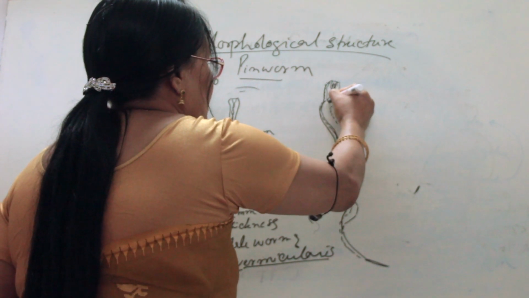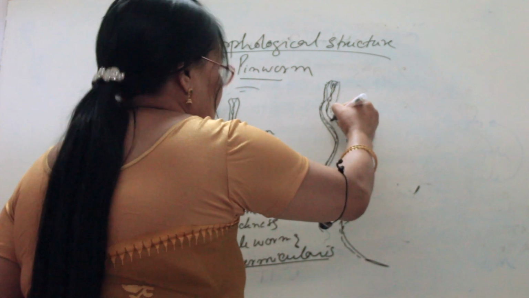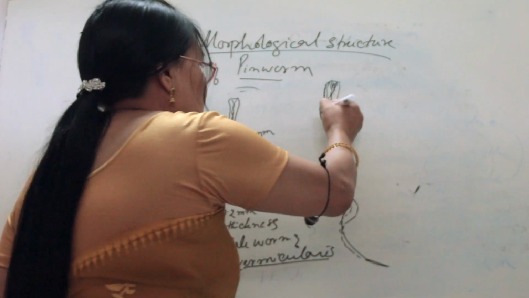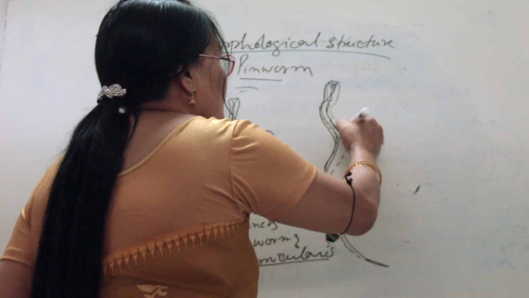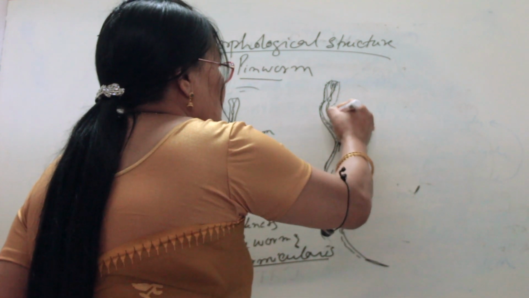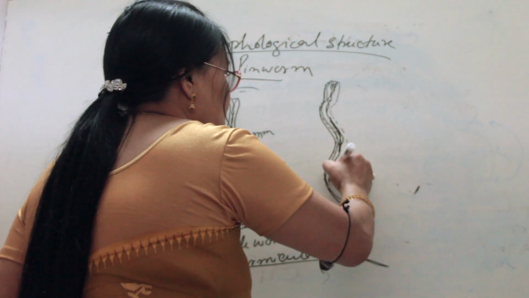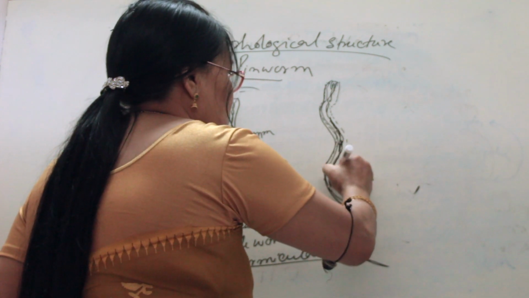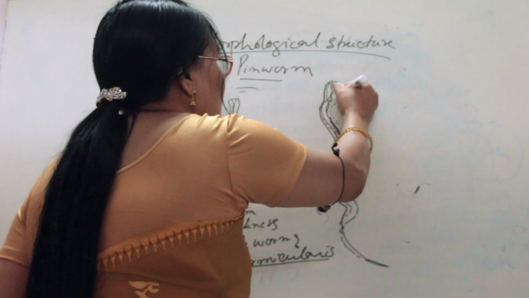This is the esophagus, and here the uterus is also present. These are the internal structures present inside the body of the female worm.